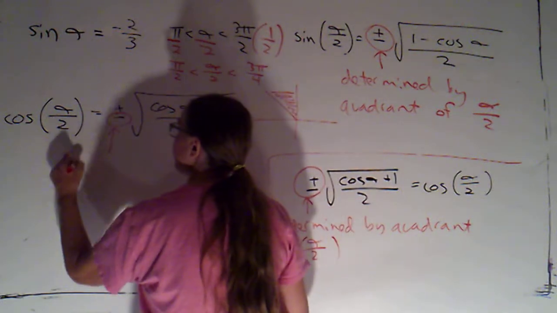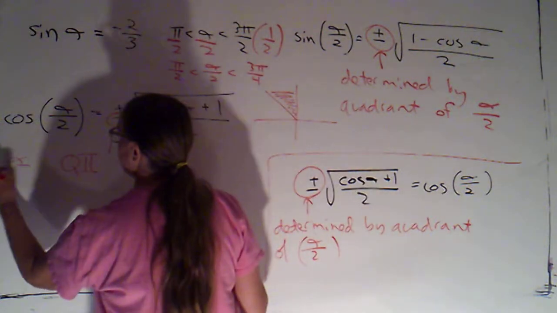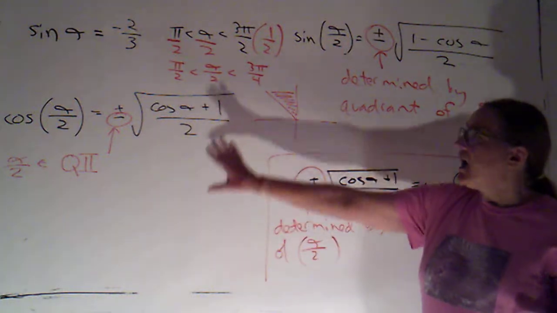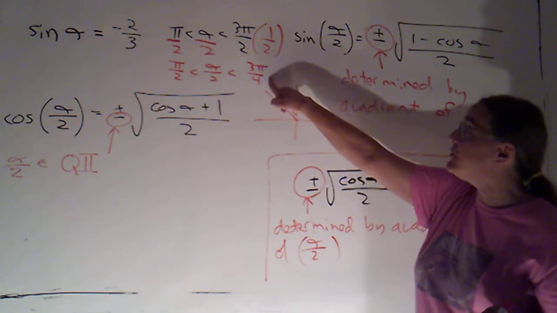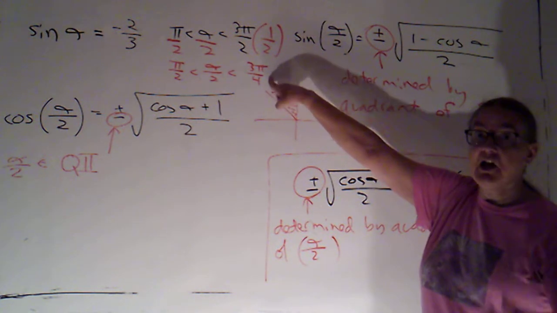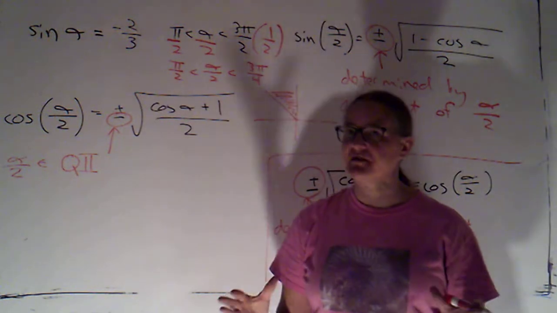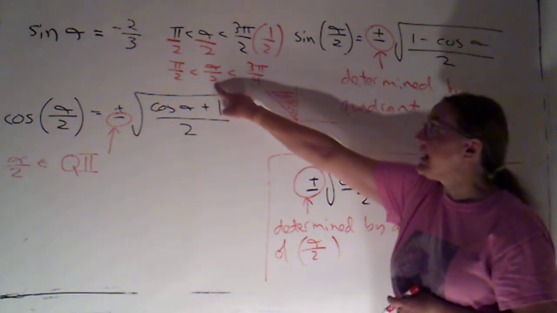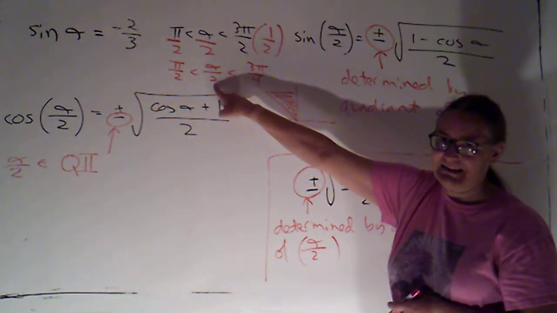And I'm going to justify that by saying that alpha over 2 is in quadrant 2. To receive credit for this, I need to see that you have solved for what quadrant alpha over 2 is in. So you don't have a 50-50 chance of just getting the right sign. You need to justify it by figuring out where the angle that we're taking cosine of actually is.